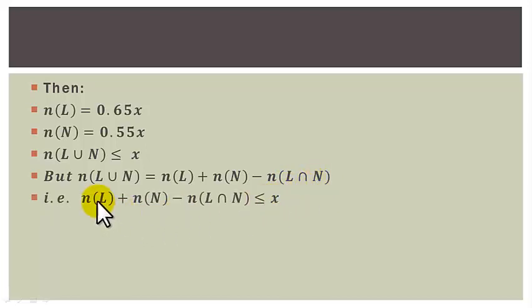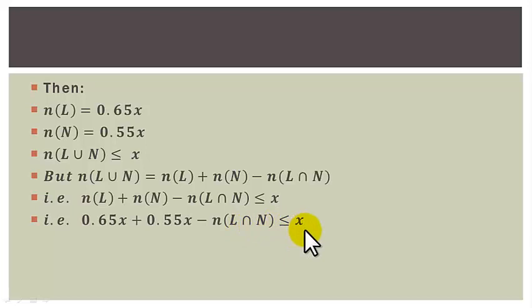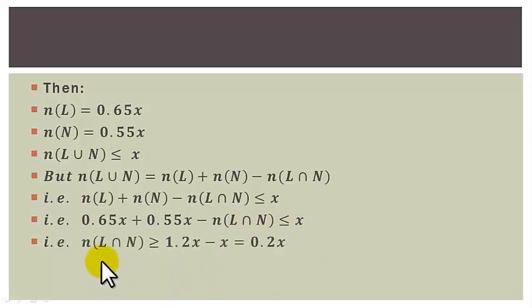That is, n(L) plus n(N) minus n(L intersection N) is less than or equal to X. That is 0.65X plus 0.55X minus n(L intersection N) is less than or equal to X. And this will give us, when you take minus n(L intersection N) to the right and this X to the left, n(L intersection N) is greater than or equal to 1.2X minus X. And 1.2X minus X is equal to 0.2X.